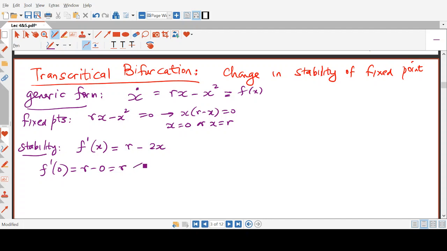Now you see that if r positive, then it's unstable. Straight away you can see that there's a problem happening here at 0. If r negative, it will be stable. So it depends on r. So there you see the same point, 0, can have two characters depending on r. That's what we call a bifurcation point also, where the stability changes depending on a parameter. The parameter in this example being r.